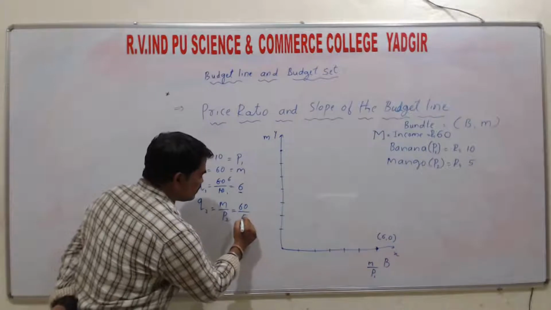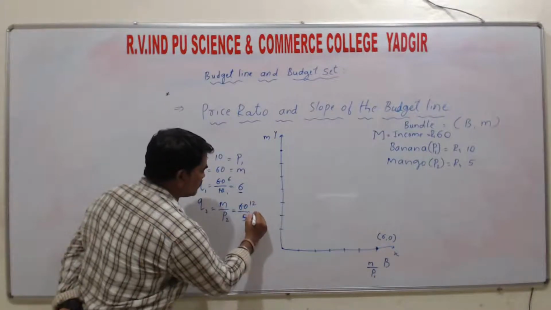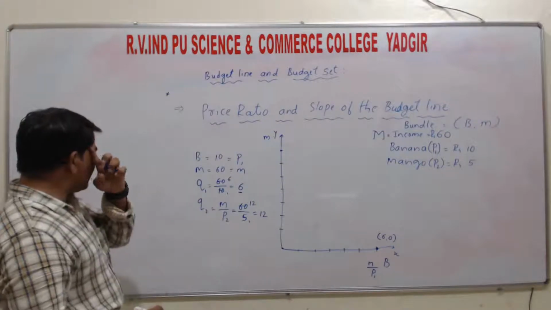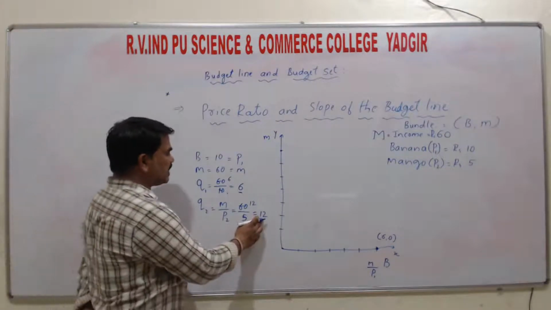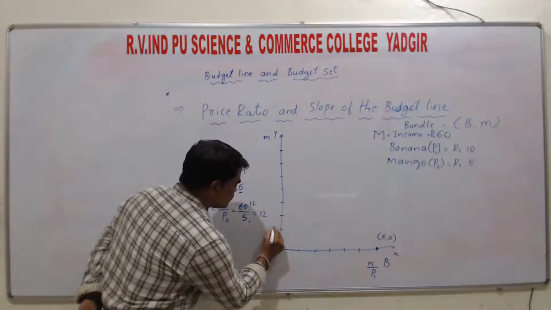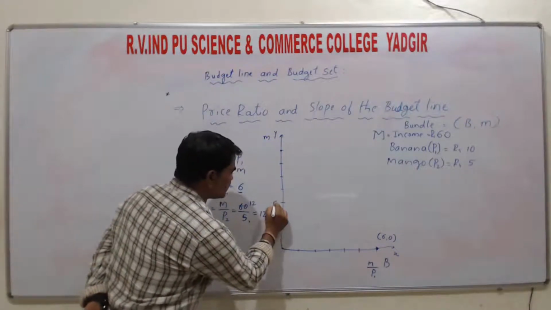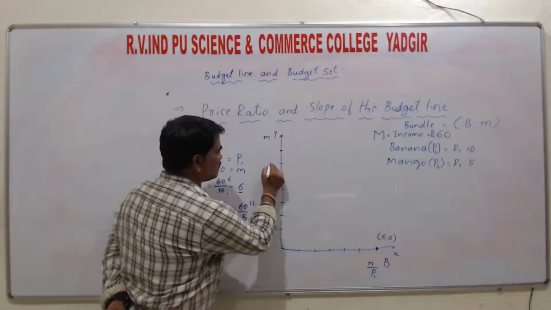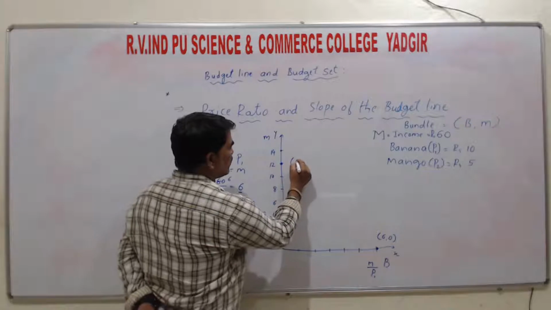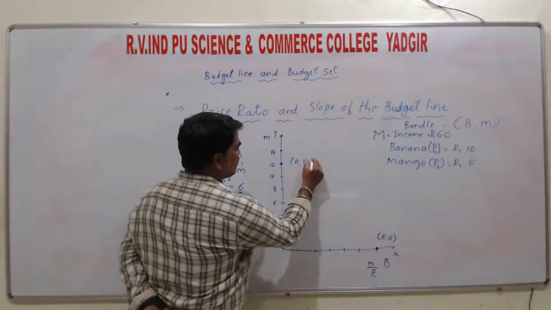Correct? 5 twelves are 60, so 12 is the quantity. He will get 12 mangoes if he spends his entire money on mangoes. So this is 2, 4, 6, 8, 10, 12, 14. At this point he will get 0 bananas and 12 mangoes.